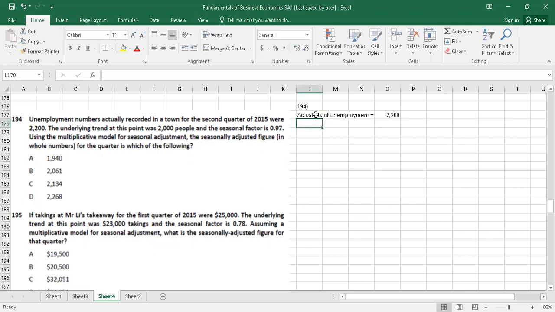The underlying trend is equal to 2000. After that, the seasonal factor for the trend is 0.97.